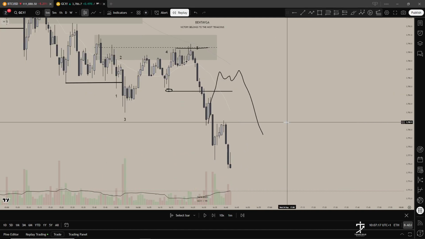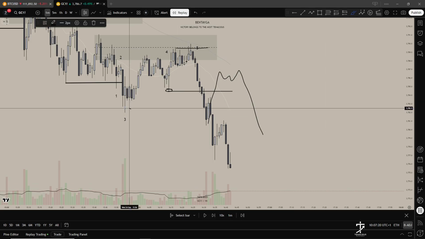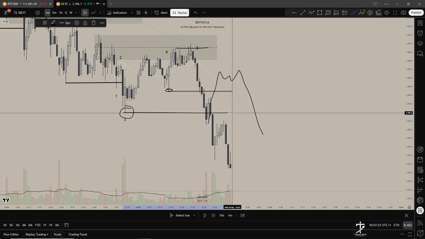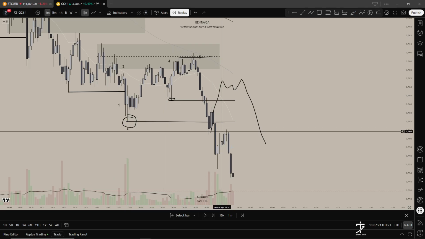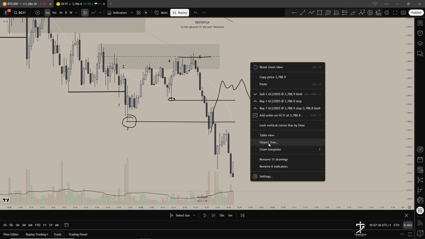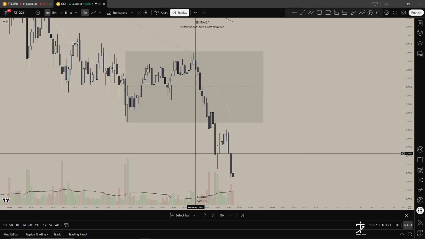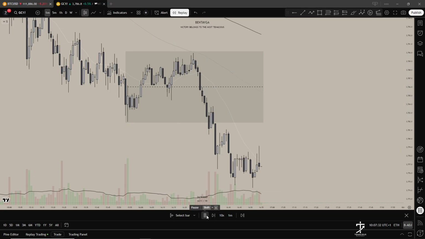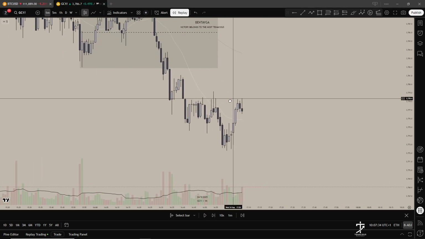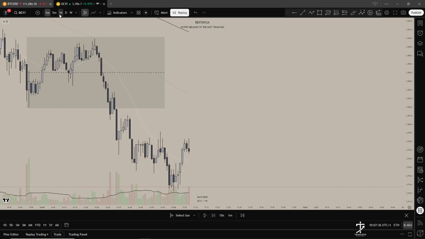Now we have taken out our previous lower low, so now you could draw out your new zone. Let's see what's going on here. Let me just click the charts. So now here could be your new zone. You let price play out, and you can see how we just keep on dumping.